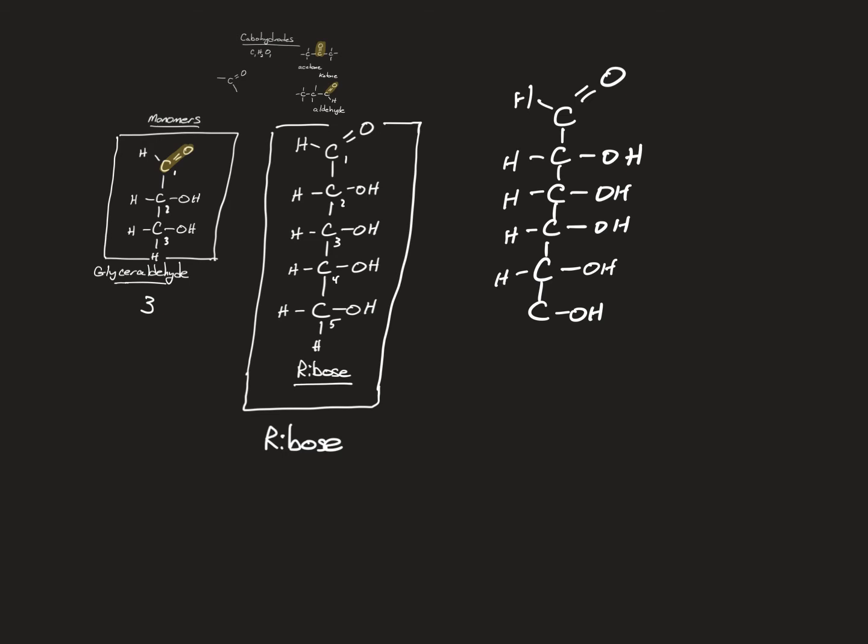Double the number of hydrogens for every carbon, again a good rule of thumb. This is glucose, the 6 carbon sugar.